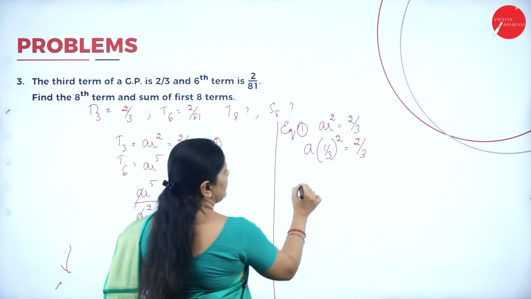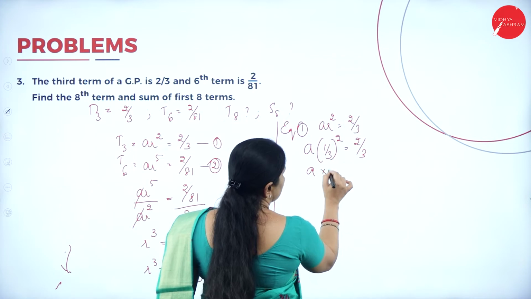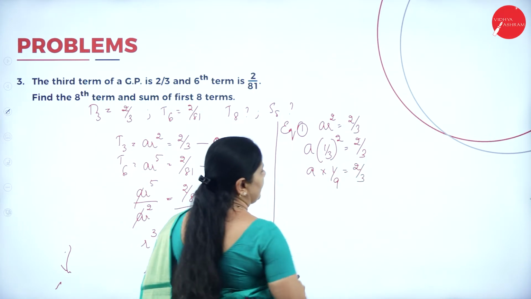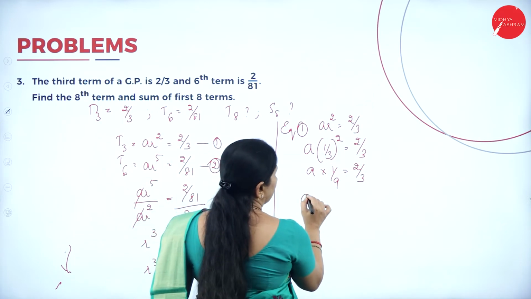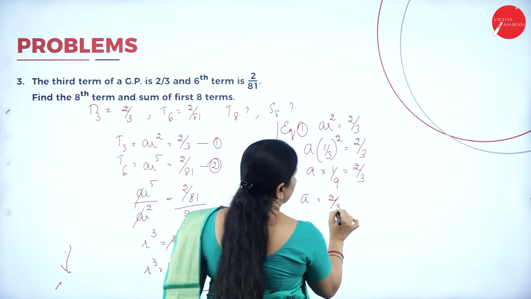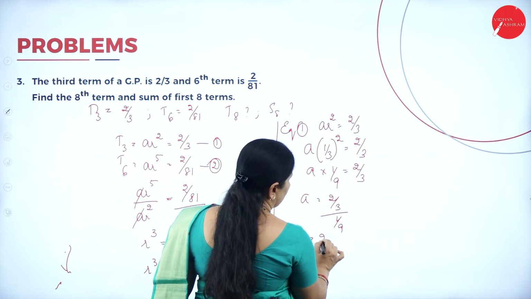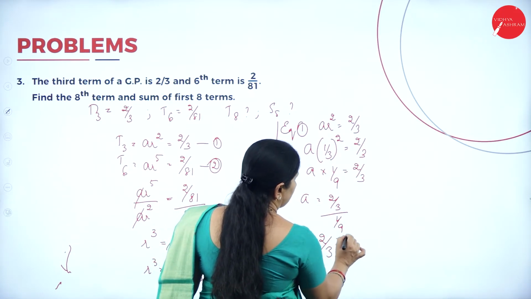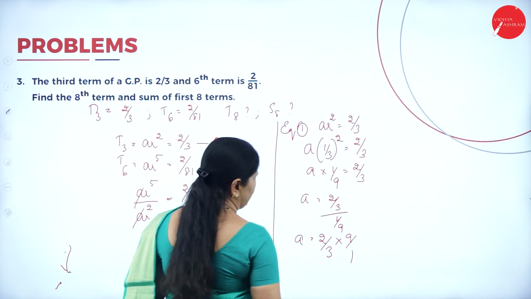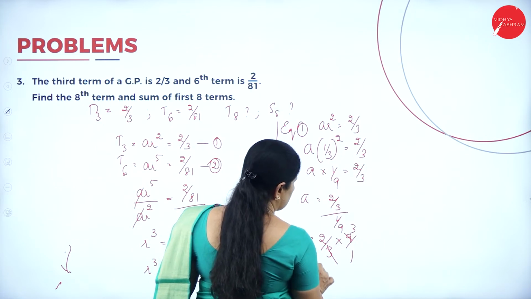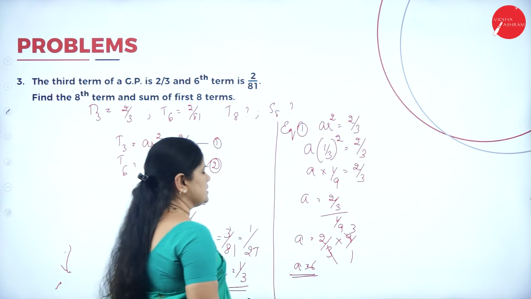So A into 1 by 9 equals 2 by 3, or A equals 2 by 3 divided by 1 by 9. So A equals 2 by 3 into 9 by 1. So this becomes A equals 6 is the answer.